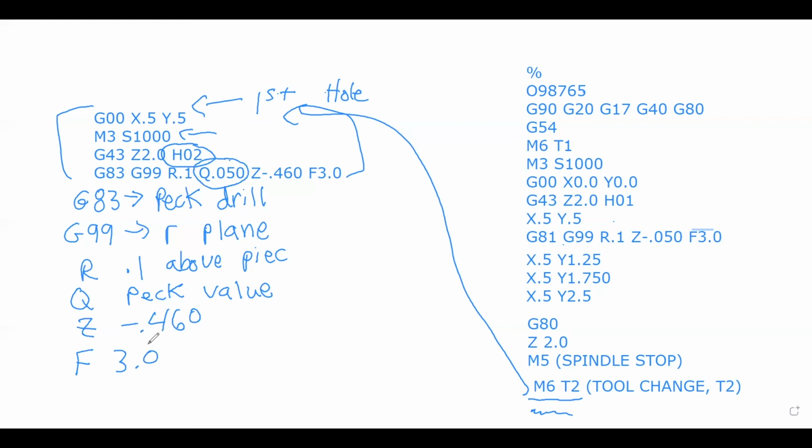And if we need a reminder of the formula for that, inches per minute equals our feed per revolution times RPM.